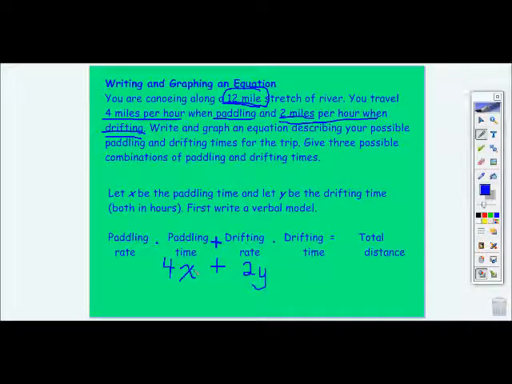We have 2 different variables, paddling time and drifting time, but together they give us the total distance, and the word problem told us we were moving 12 miles, a stretch of 12 miles on the river. So now we have a simple equation.